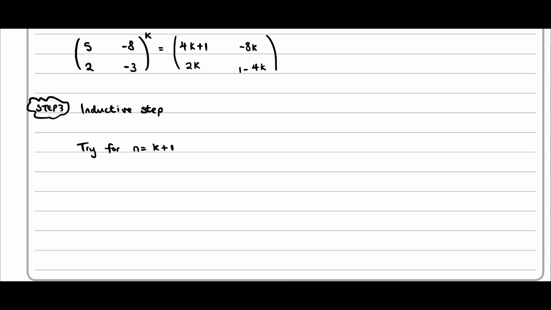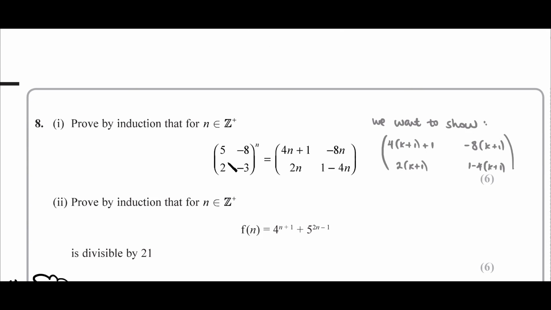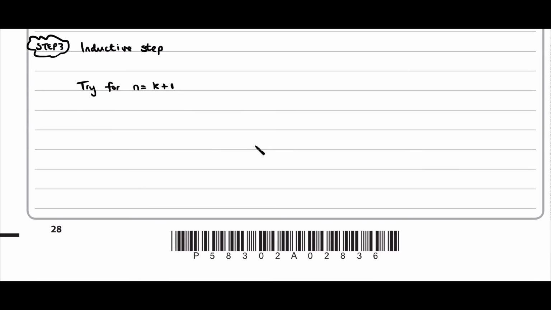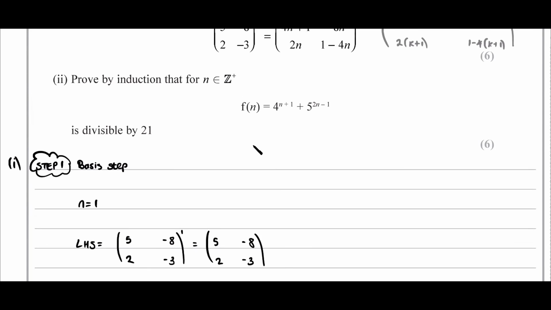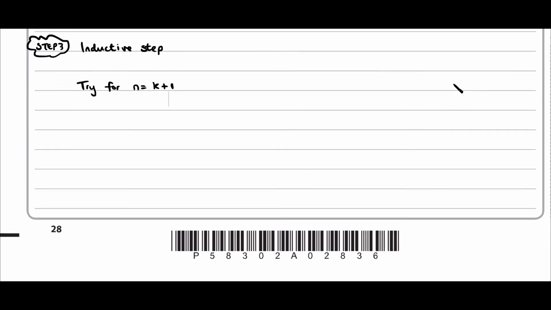And when we talk about our inductive step, we substitute in n equals k plus 1 into the left hand side. That's crucial. And then once we do that, we somehow try to get to this bit over here. So we have the matrix (5, -8; 2, -3) to the power of k plus 1.